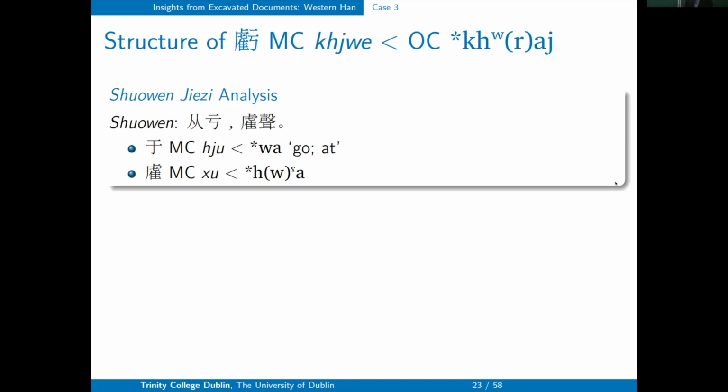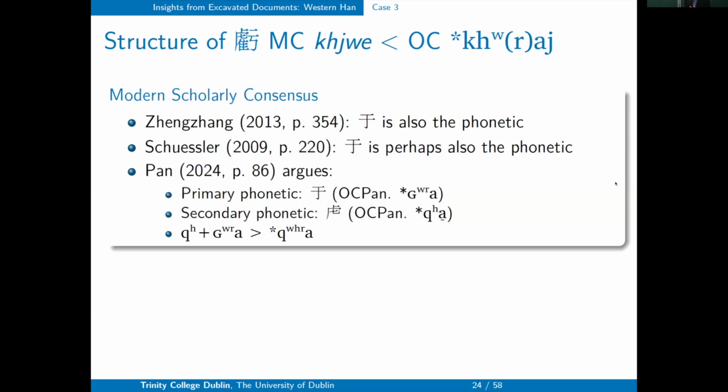So we can find that the phonetic Hu, which was believed to be the phonetic by Xu Shen, belonged to the Old Chinese Aram group. However, this word itself belongs to the Iram group. So there is a contradiction.